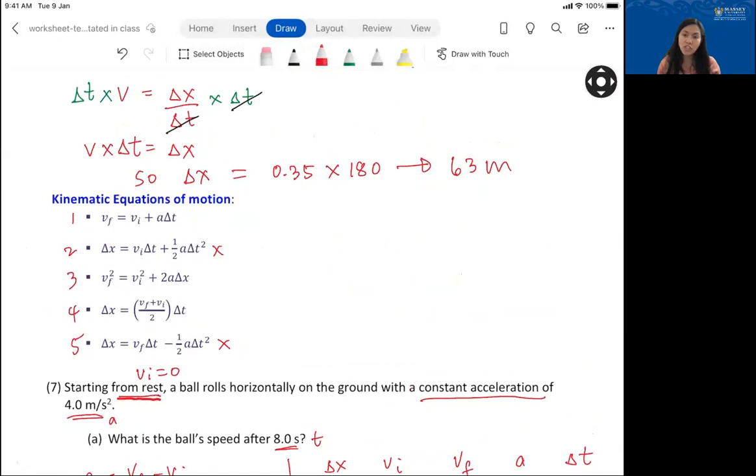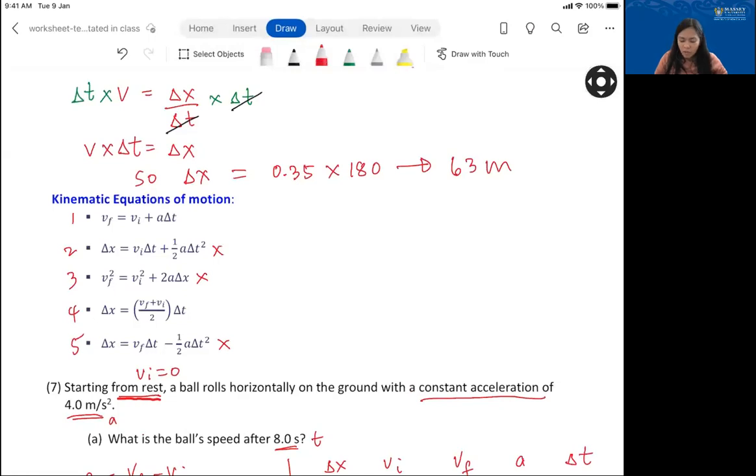You have to rearrange to isolate delta t, and you have a delta t squared in equation 2 and equation 5. So maybe you'd want to steer away from that. So what equation do you want to use? Of course, equation 3 you cannot use, it doesn't have delta t. It doesn't really matter whether you use equation 1 or equation 4, because we know the acceleration, we know VI, we know VF.